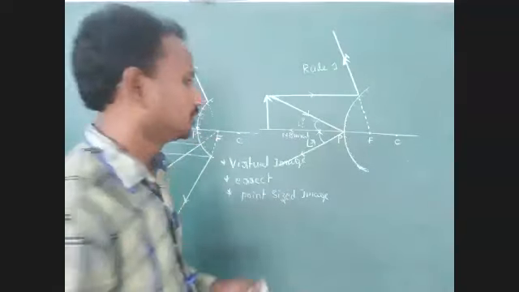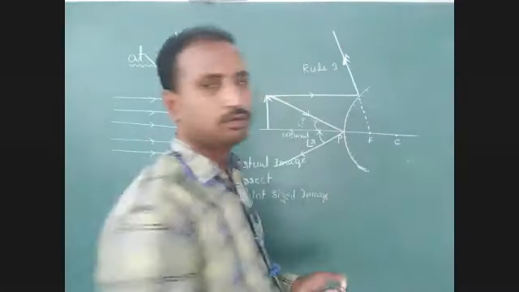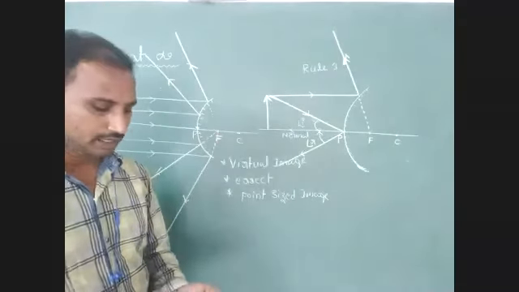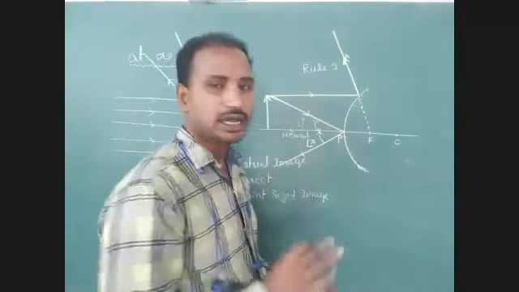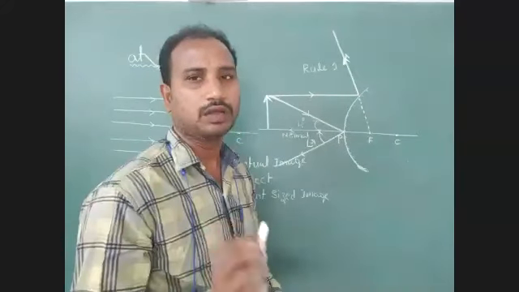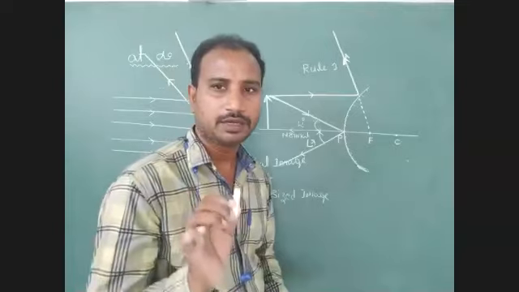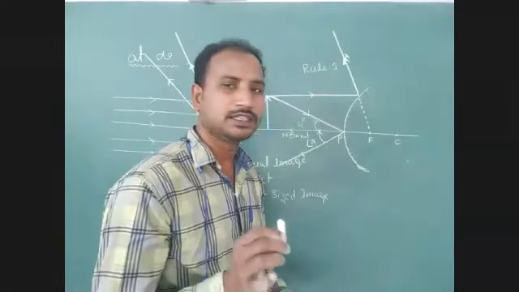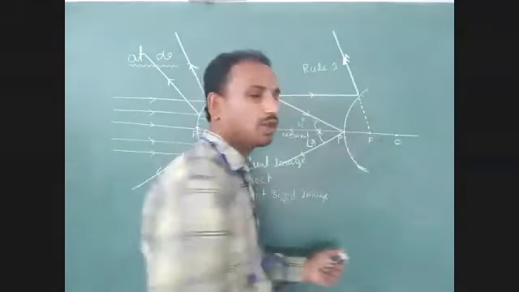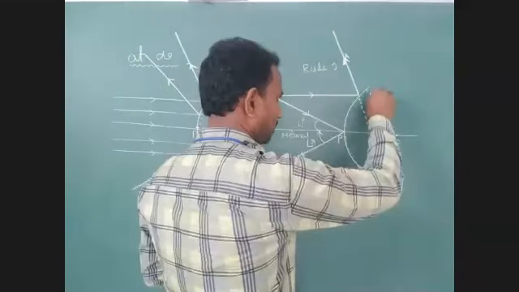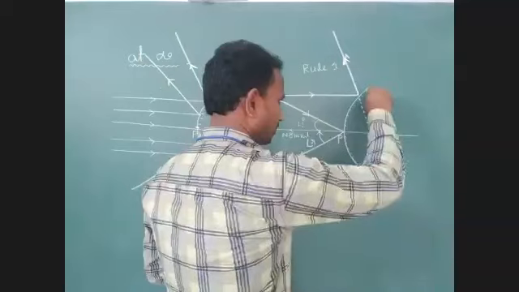Just identify that this reflected ray appears from one common point. Where is that common point? For this condition we have to draw one perpendicular reference line. That perpendicular reference line is passing through the principal focus. Just draw this perpendicular line.